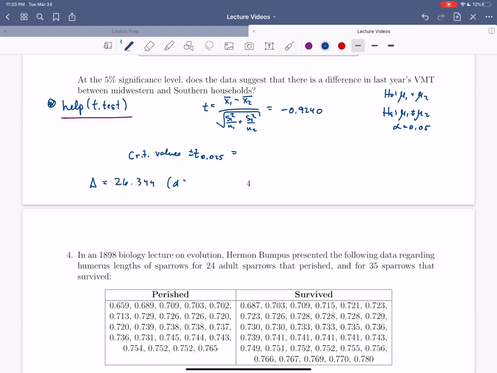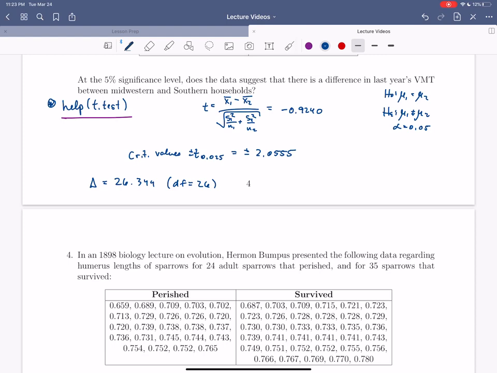So that means that our degrees of freedom will be 26, because you always round down, okay, to the next integer. And so if we have 26 degrees of freedom, then our cutoffs, t sub 0.025, are going to be plus or minus 2.0555.